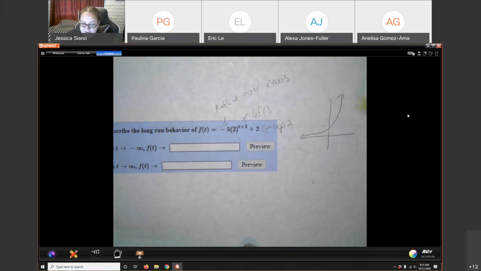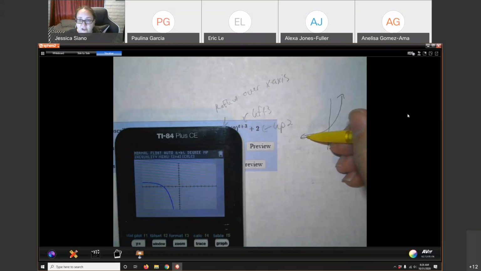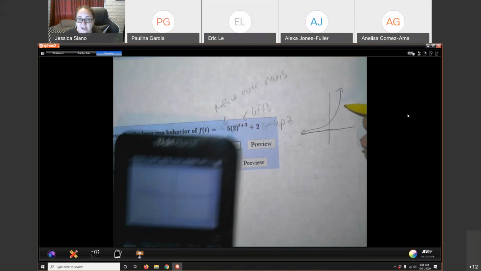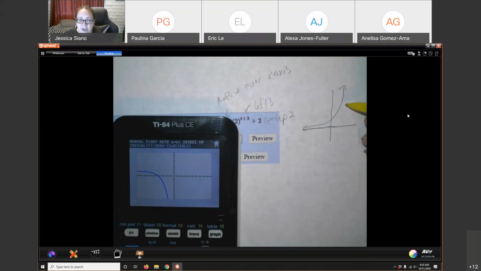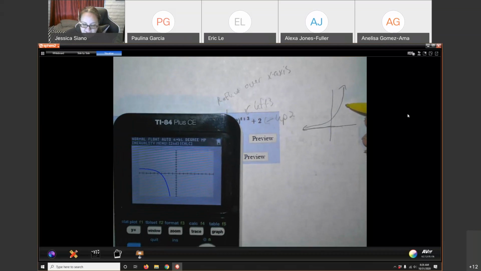So on this side, it goes up forever onto infinity. And on this side, it meets an asymptote at y equals 0. That means that it's approaching the x-axis, but it will never cross the x-axis. So looking at this, I took this, I shifted it left 3, up 2, and reflected it over the x-axis. And that's how I wound up here.